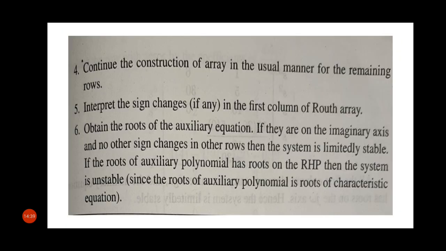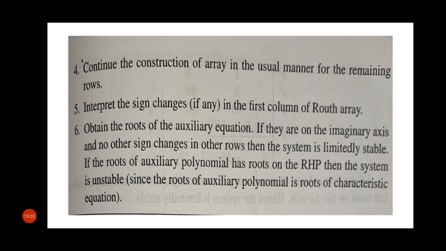Third step is to replace the row of zeros with the coefficients of dA/ds. Fourth step is to continue the construction of the array in the usual manner for the remaining rows. Fifth step is to interpret the sign changes, if any, in the first column of the Routh array. And last step is to obtain the roots of the auxiliary equation.